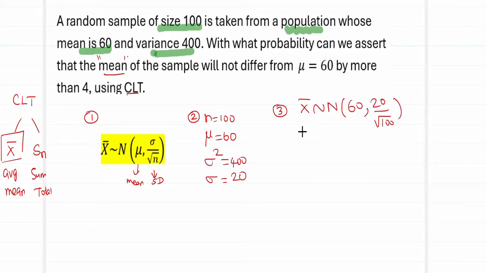The square root of 100 is 10, and 20 by 10 is 2. Therefore, X bar follows a normal distribution with mean 60 and standard deviation 2.